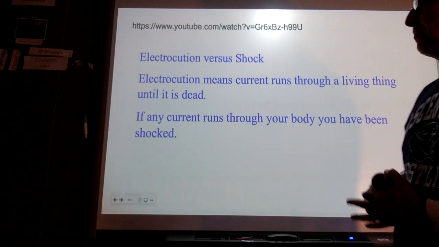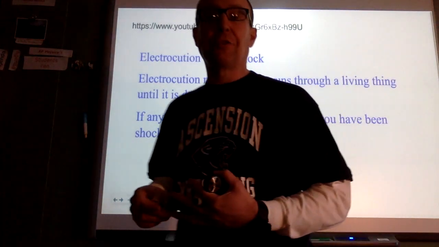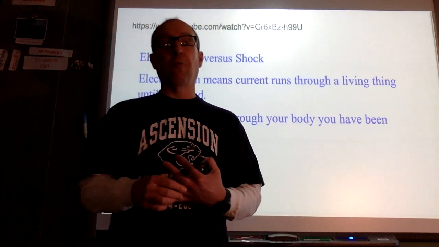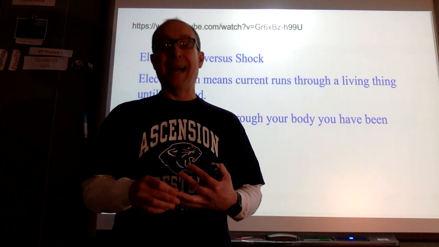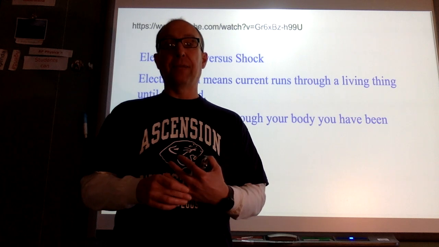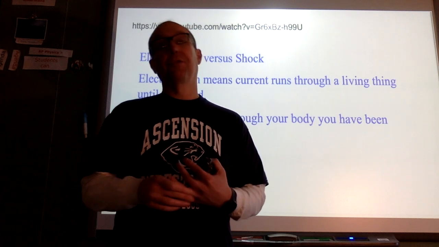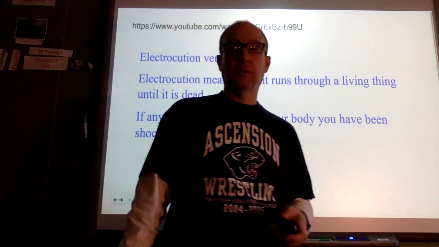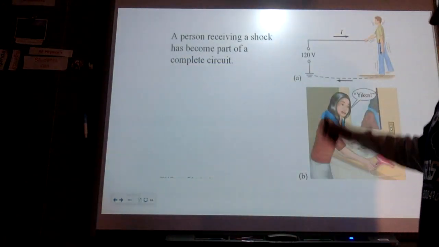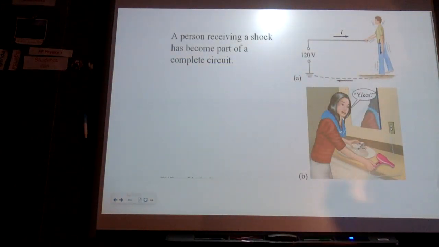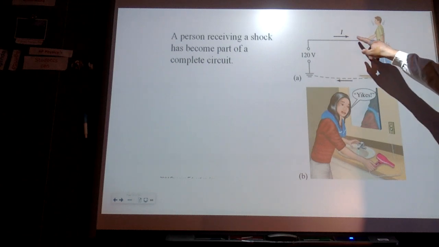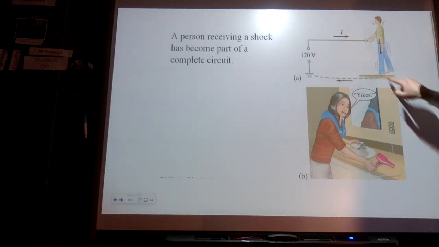The difference between electrocution and shock. Electrocution is going to be current running through something until you are dead. Shock just means that excess charge went through you to the ground. So here's somebody receiving a shock. They are providing a path for the charge to get back down to the ground.